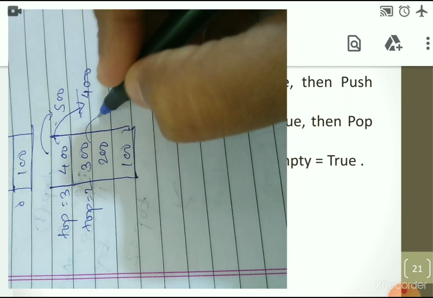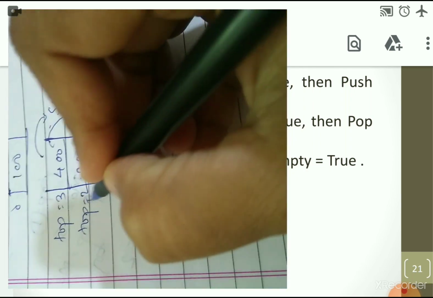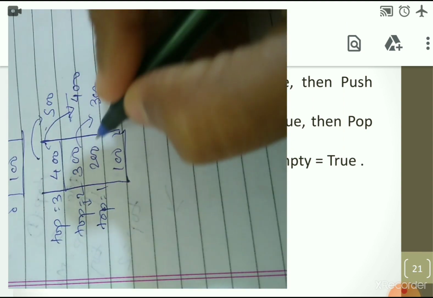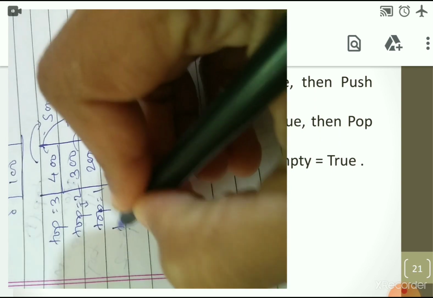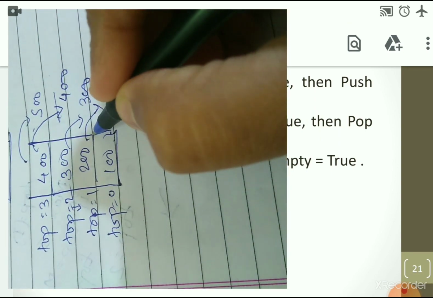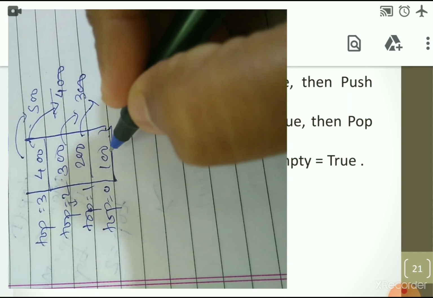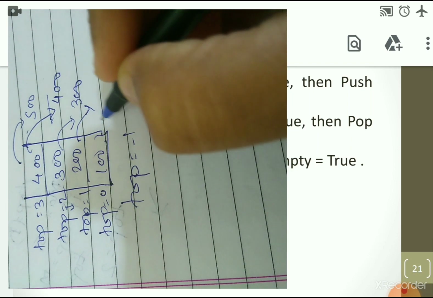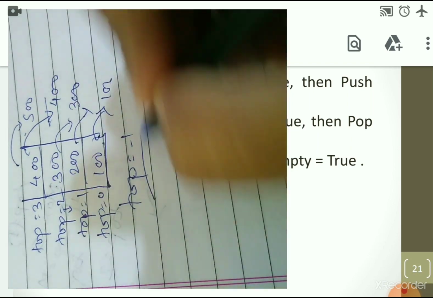Again you have to remove 300, so top gets decreased to 1. Again I have to remove 200, so top is equal to 0. 100 is the only element which will remain. Again if you want to remove this element, top gets decremented by 1, so 100 is also removed and top is equal to minus 1.